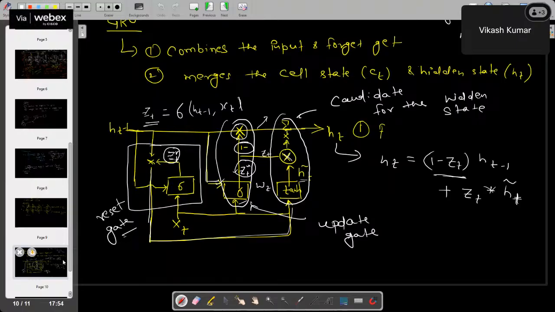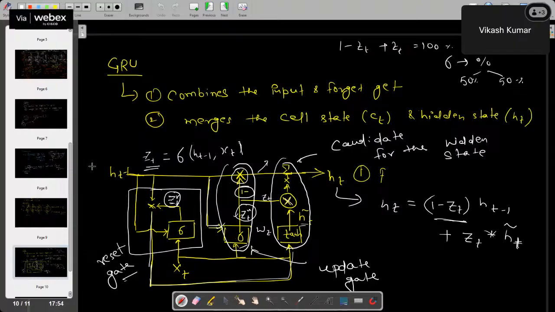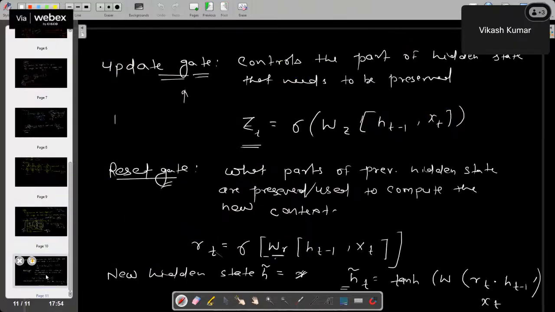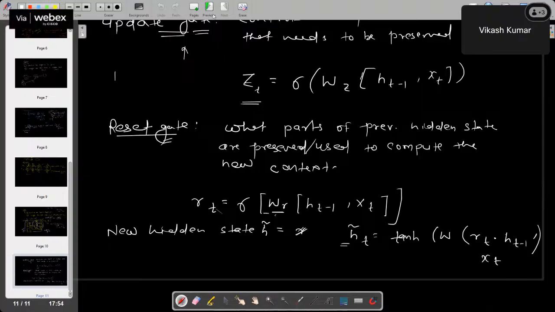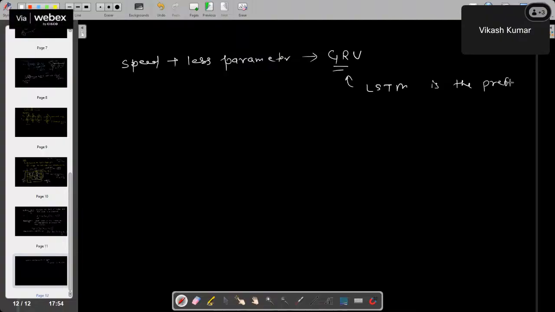So this is the basics of what GRU is. If we want speed plus fewer parameters, we can go with the GRU, but most of the time we see the LSTM is the most preferred one, even nowadays.